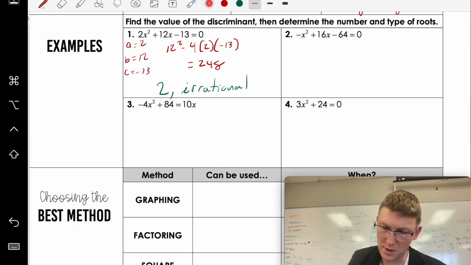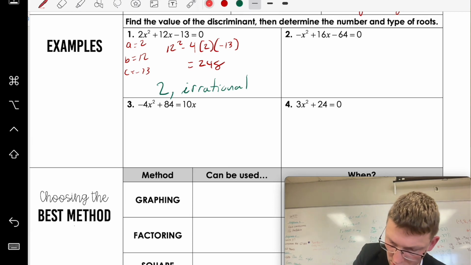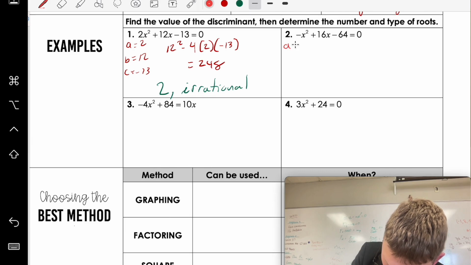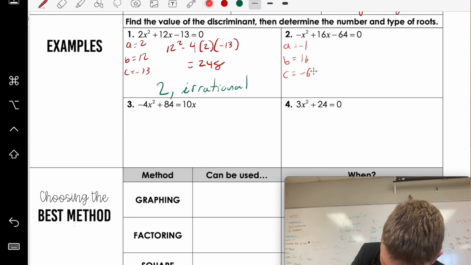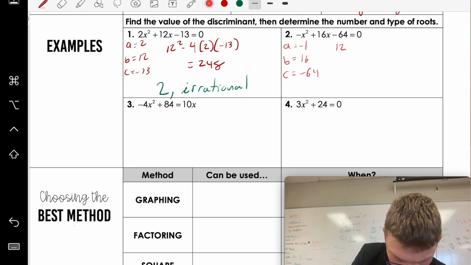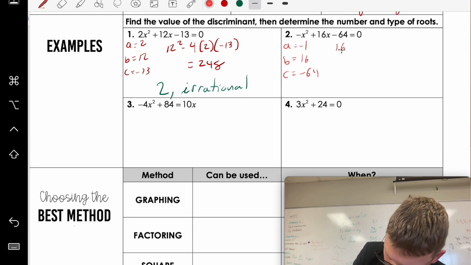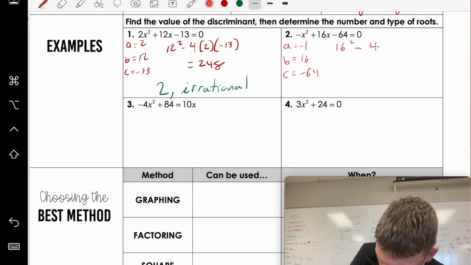Okay, next one. Again, we've got a equals negative 1, b equals 16, c equals negative 64. Plug that in: 16 squared minus 4 times a times c.